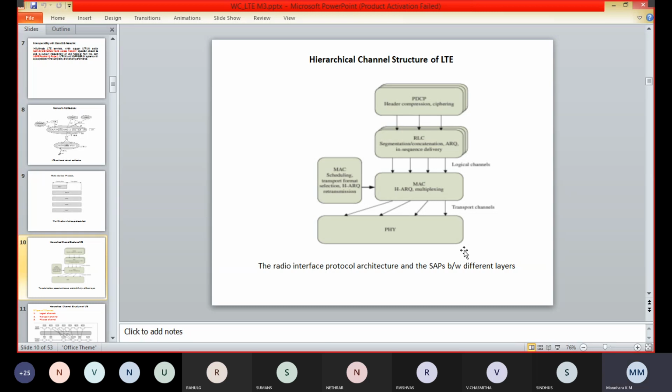The channels defined in LTE follow a similar hierarchical structure to UTRA and HSPA. However, in the case of LTE, the transport and logical channel structures are much more simplified and fewer in number compared to UTRA and HSPA.